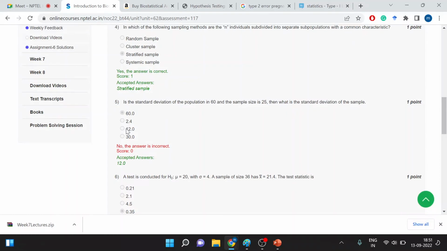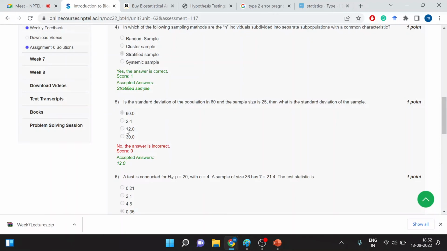Because it has calculated 60 by root over 25, that is 60 by 5, that is 12. But in that way they have calculated. So which one is right? I don't know what the logic behind doing 60 by root of 25 is. The sample standard deviation is a different thing and standard error is a different thing.